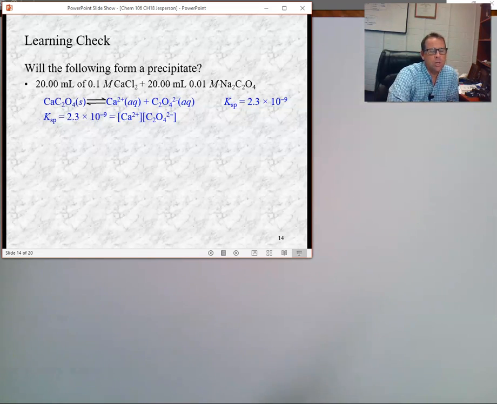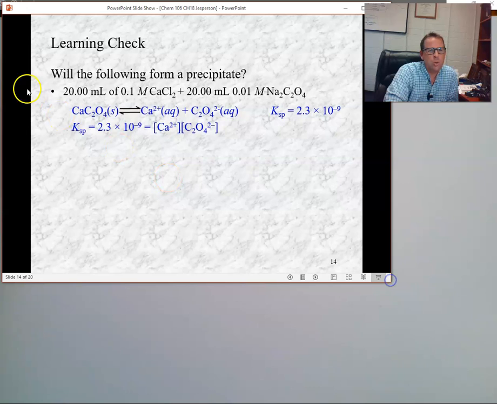Okay? So, let's find out what the concentration of calcium ion is when we mix, like it says here, 20 milliliters of 0.1 molar calcium chloride and 20 milliliters of 0.01 molar sodium carboxylate. Well, if I have 20 milliliters of 0.1 molar calcium chloride and I add it to 20 milliliters of something else, the total volume is 40 milliliters. So the concentration of my calcium chloride, it was 0.1, but now it's divided by 2 because there's twice the volume here.